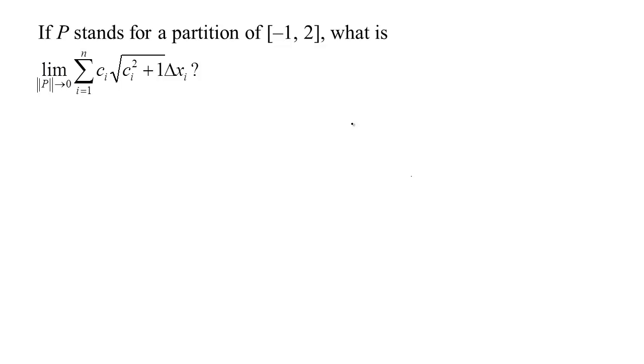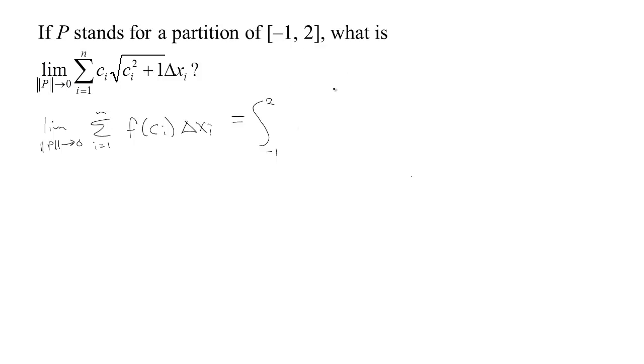Now, just a little example of this definition. If you look at this, you could compare it to the limit as the norm of the partition tends to 0 of the sum from i equals 1 to n of some function at a representative point times delta x i. So we know that that's the integral over the interval that we're partitioning.